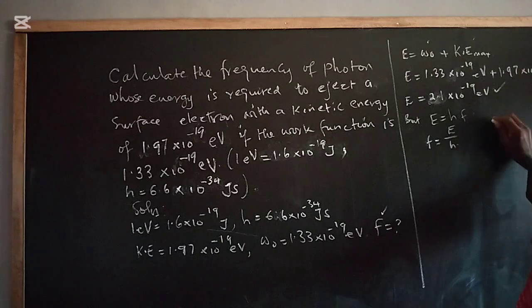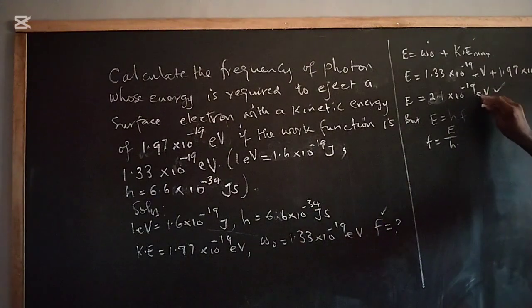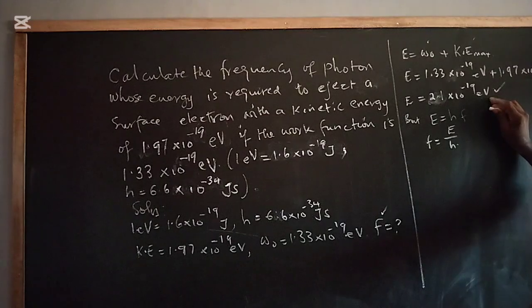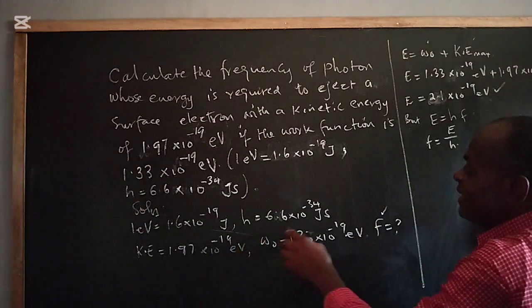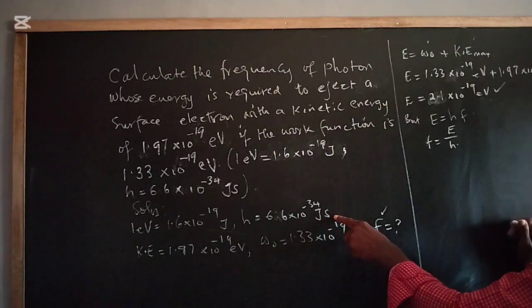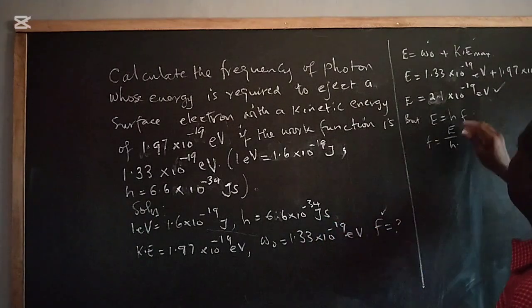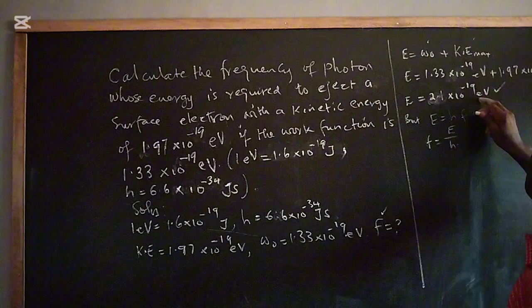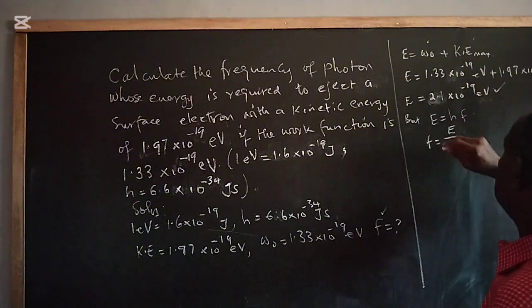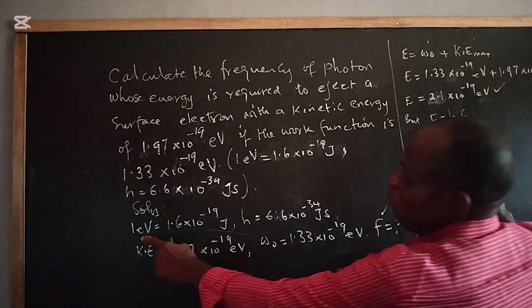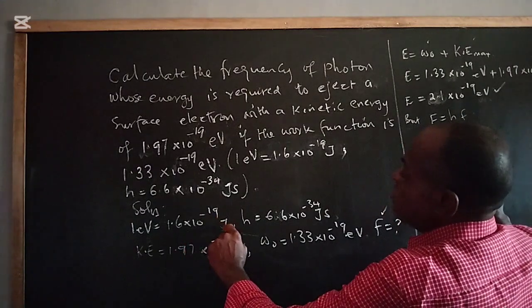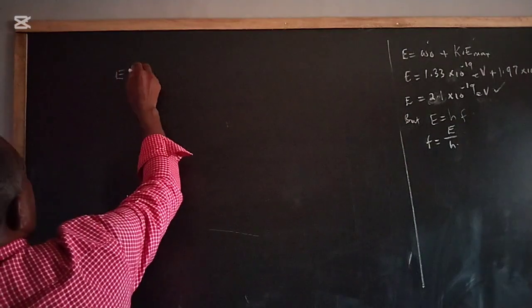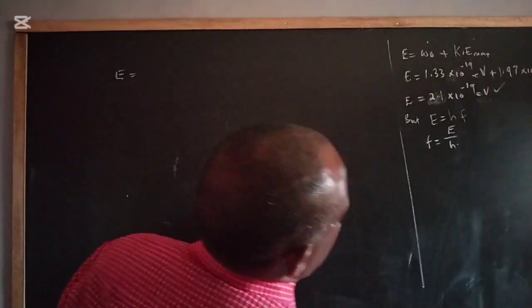Here we have the energy of radiation, but it is in electron volts, so it cannot combine with Planck's constant that is already expressed in its SI unit, joules second. So we need to convert the energy of radiation to joules, which is the reason why they give us that 1 electron volt is equal to 1.6 times 10 raised to the power minus 19 joules.